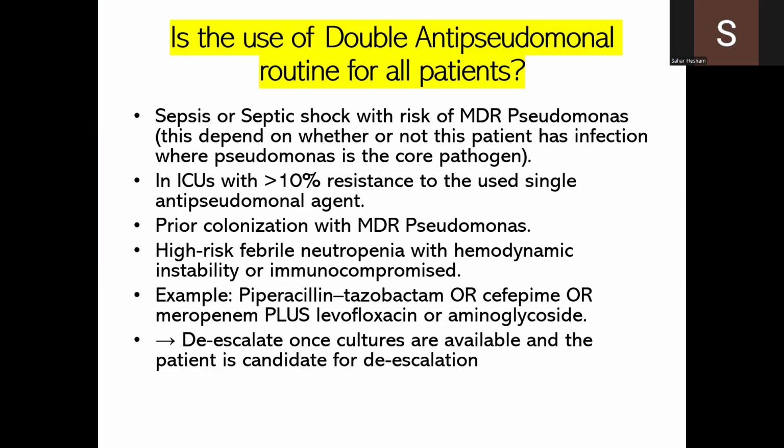Also, a patient at high risk, with febrile neutropenia, hemodynamically unstable, or with any immunocompromising condition, should take piperacillin-tazobactam, cefepime, or meropenem plus an aminoglycoside. Levofloxacin is only used if the patient does not develop sepsis, for example when the patient has nosocomial pneumonia. You should also de-escalate once the culture is available and the patient is a candidate for de-escalation.